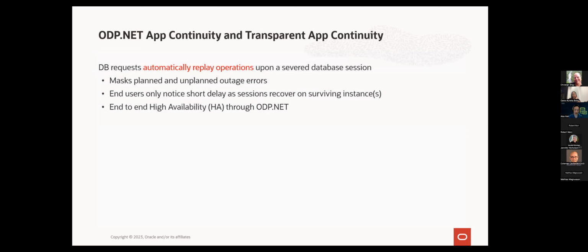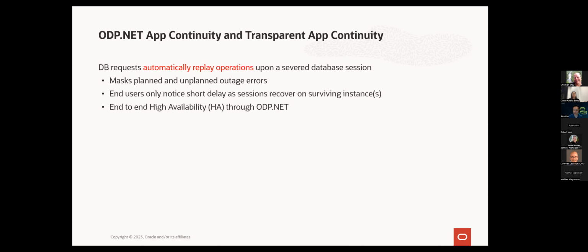Okay, an additional feature that we're enabling in 23c ODP.NET is Application Continuity and Transparent Application Continuity. I won't get into much detail about Application Continuity because I think you probably know what it is, since it's a very prominent Oracle HA feature. It's often used in the unplanned outage case, although many customers are using it in the planned outage case.